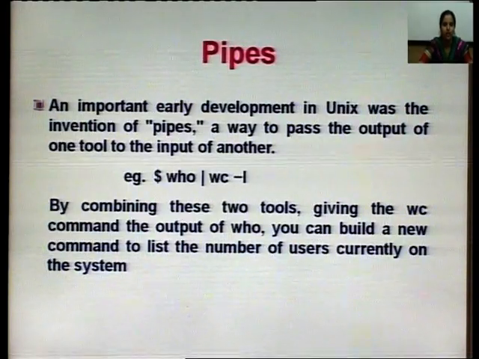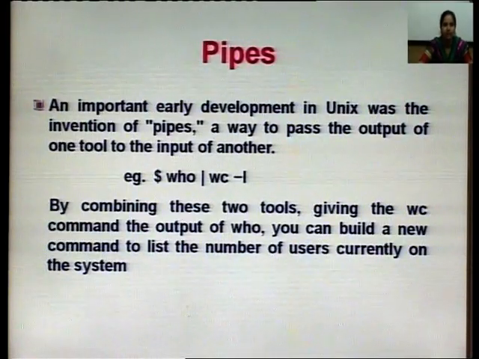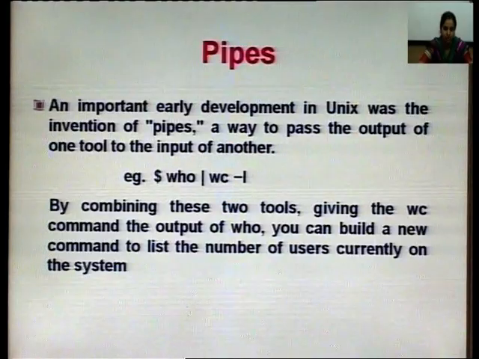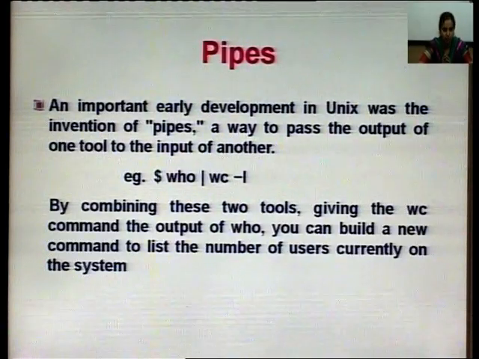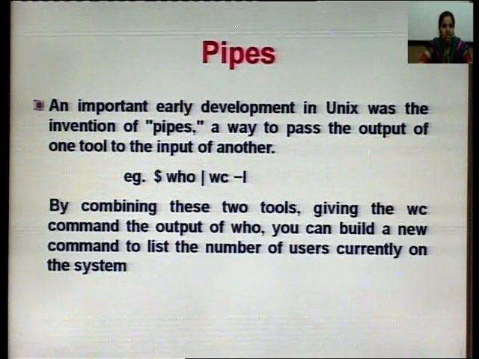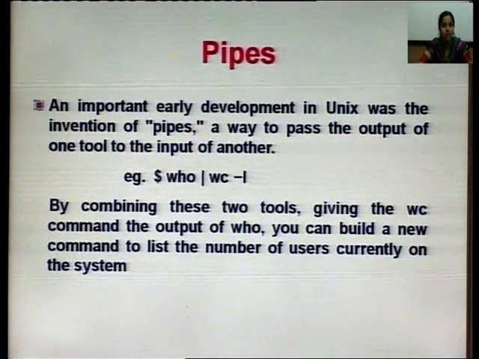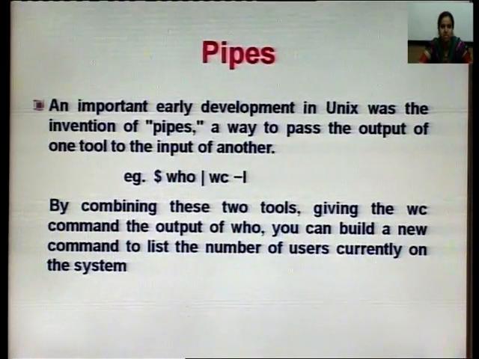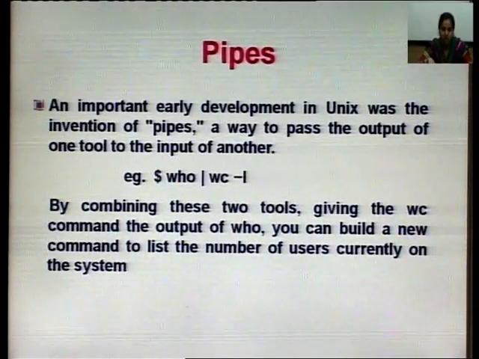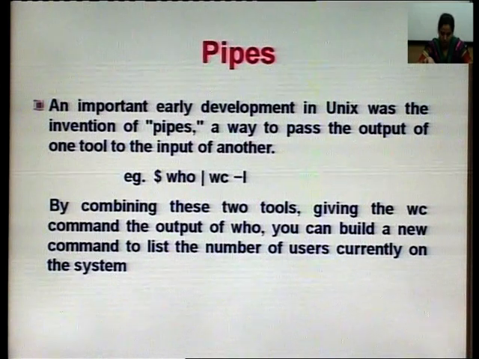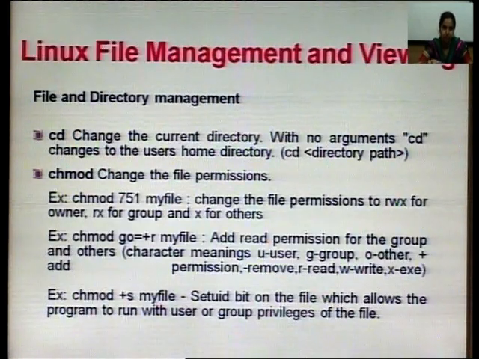First you execute the who command, then the wc command. The who command gives the users, and this output is given to wc. This is known as the pipe.